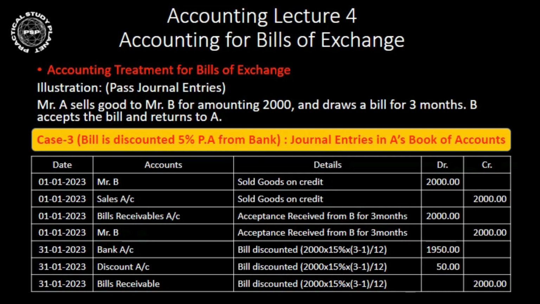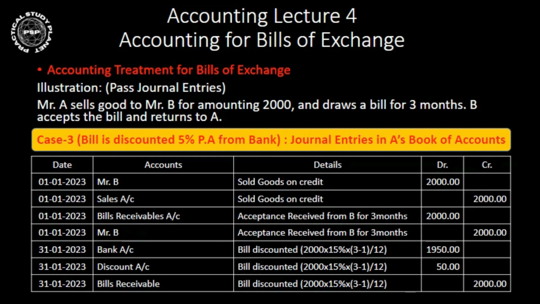So the bank balance increases, but the bank will charge some amount as a discount. So the calculation is 5%, 15%. So it will be like that. Bills receivable will be credited and closed.